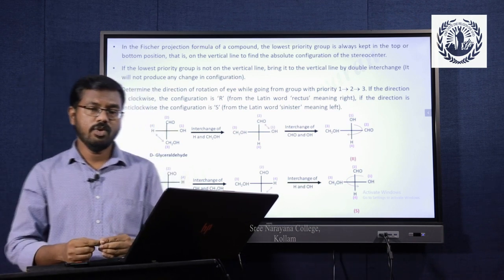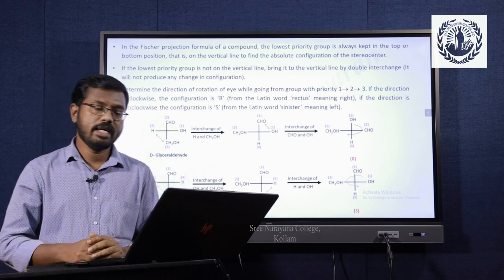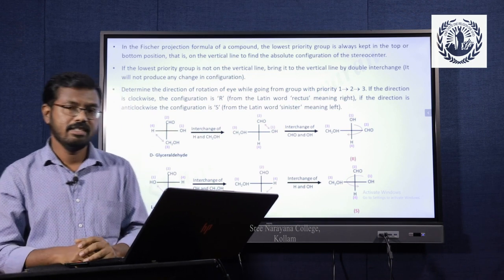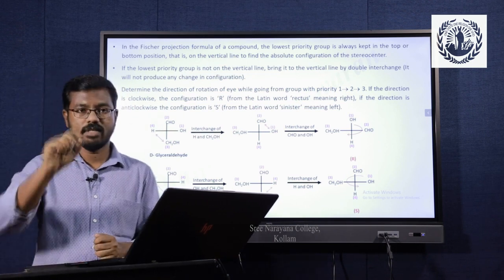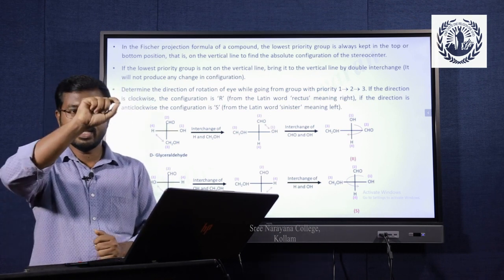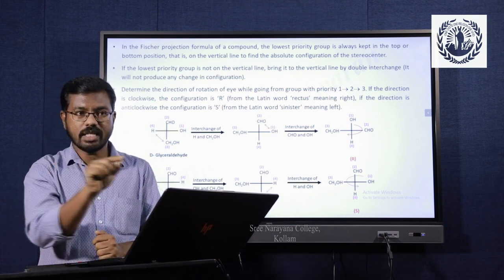Now, once you bring the lowest priority group to the top or bottom of the vertical line, then you should give the numbers according to the priority, 1, 2, 3. Then you should count 1, 2, 3.